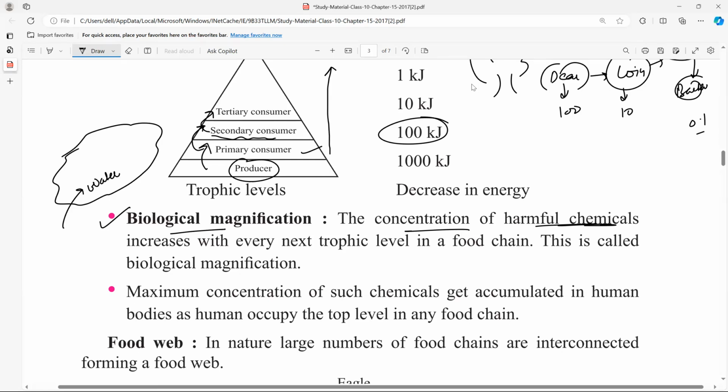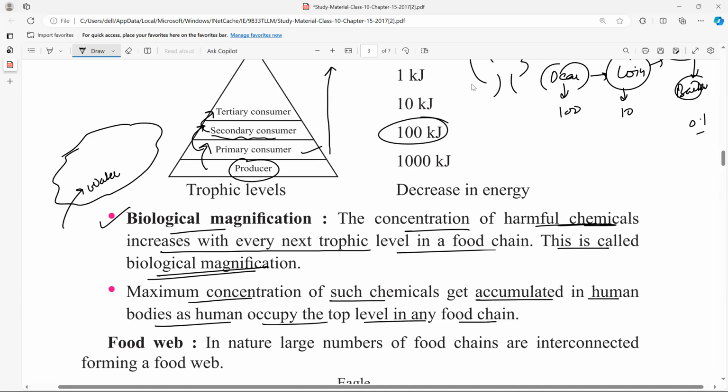So with increase in trophic level in the food chain, this is called biological magnification. The maximum concentration of such chemicals gets accumulated in human bodies, as humans occupy the top of the trophic level in any food chain, because humans are not eaten by anyone.